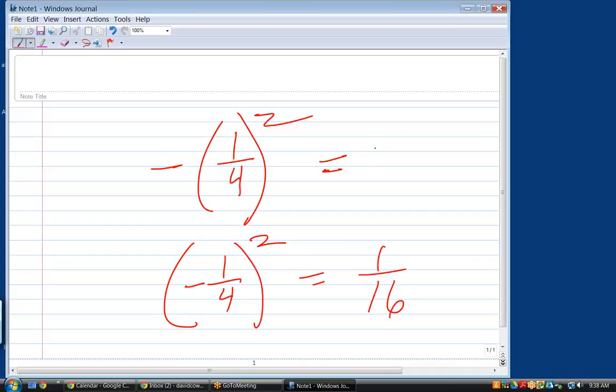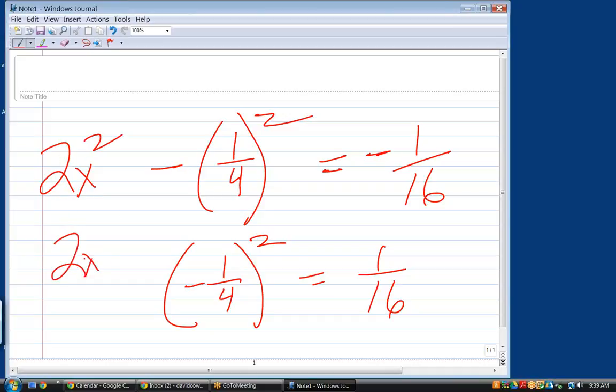But this one up here is equal to minus 1/16. So where the parentheses are makes all the difference in the world. Okay? It's the same as if I have 2x squared, that's 2 times x squared. If I want to square the 2, I have to write it like this.